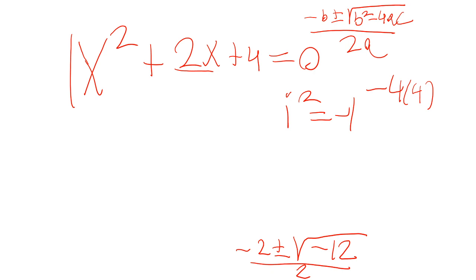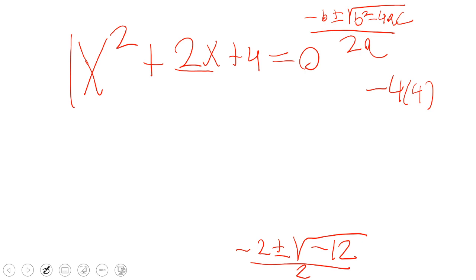Also, a recommended prerequisite for this video is watching some of my Algebra 2 and pre-calculus videos on imaginary numbers. So, the square root of negative 12. How can we break up negative 12 into a perfect square number?